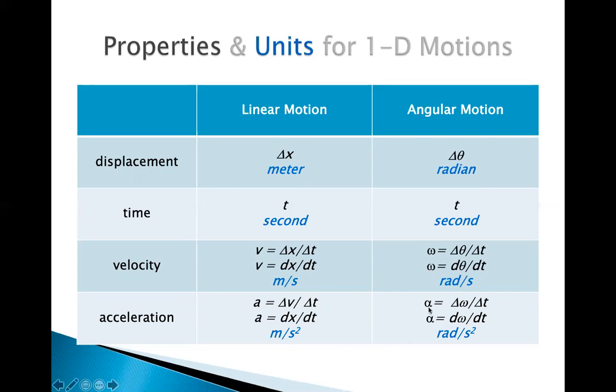Angular acceleration, the Greek letter alpha, means the change of angular velocity in unit time, the first order derivative of angular velocity with respect to time. The SI unit is radians per second squared. You can see the definitions of displacement, time, velocity, and acceleration are similar. We are replacing the linear displacement with angular displacement.